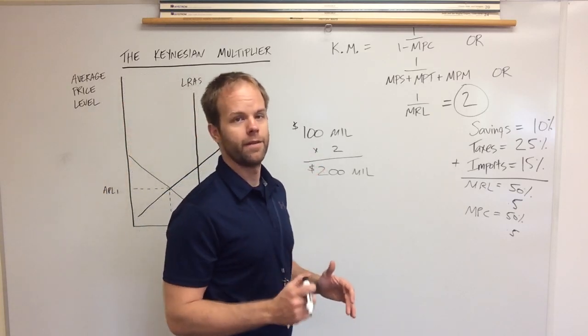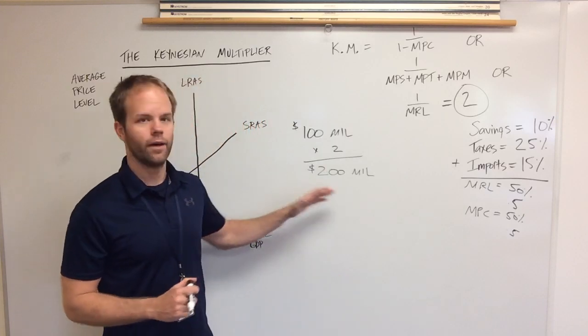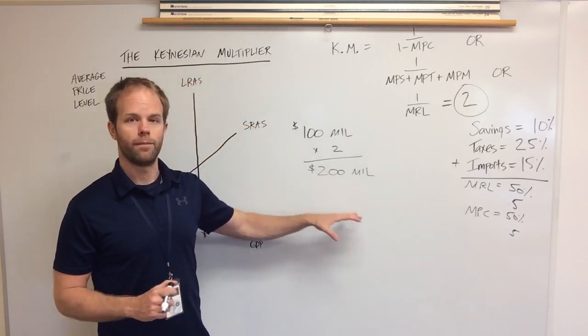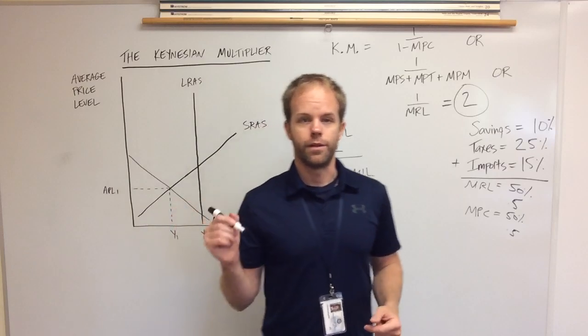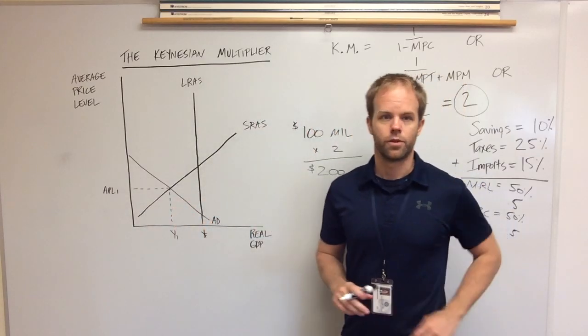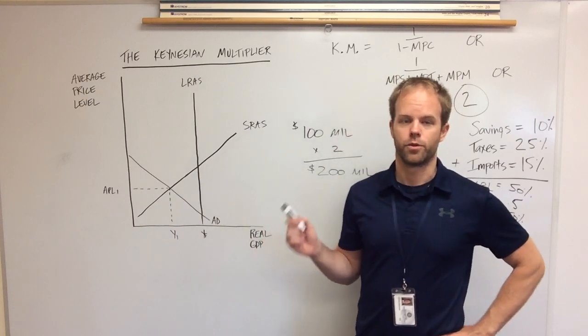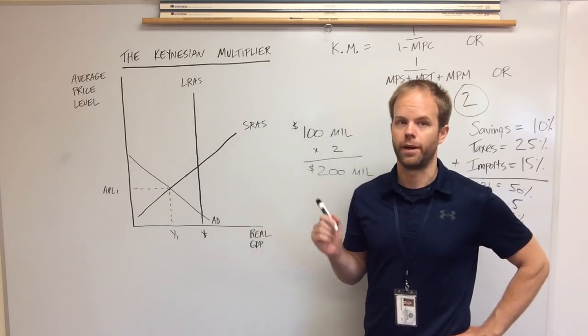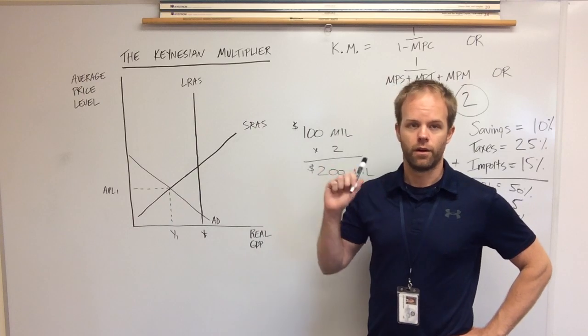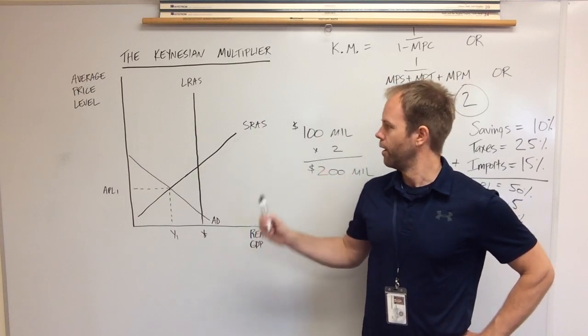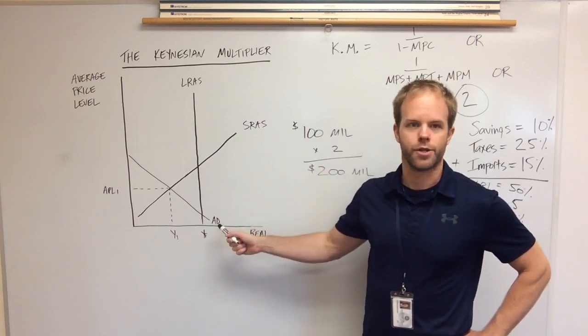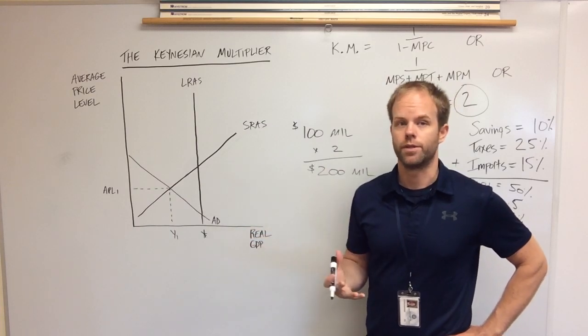So the other half of this, now that we've thought about how to calculate all of this out and what the numbers mean, we need to think about how to graph this. There are actually 2 events here that we need to diagram, so we're going to show 2 shifts. By now we should have sorted out that all of what we just described is going to change aggregate demand, and it's going to increase it.